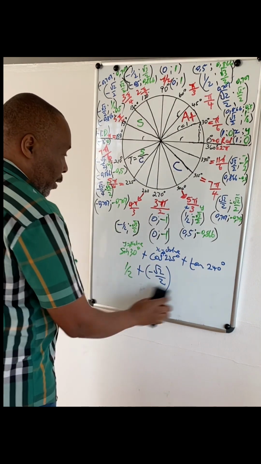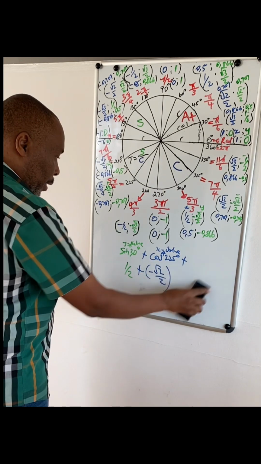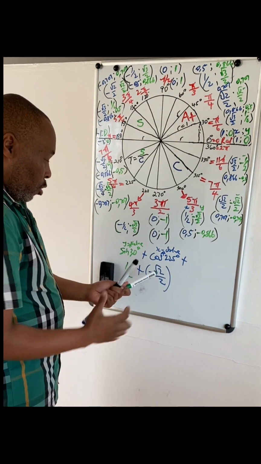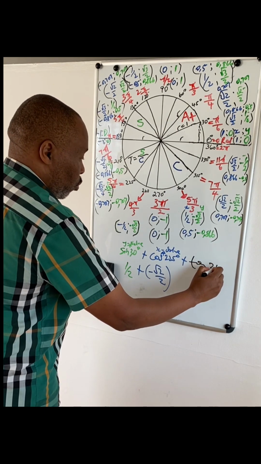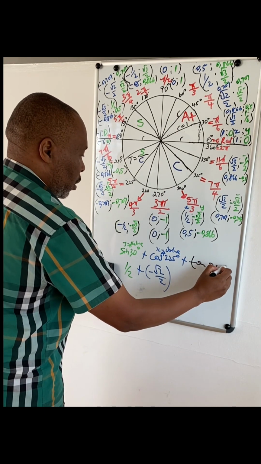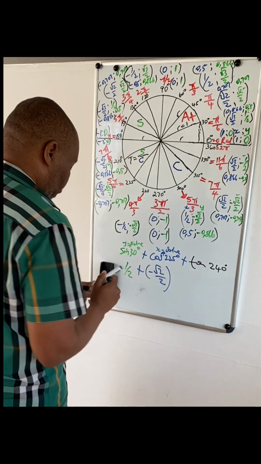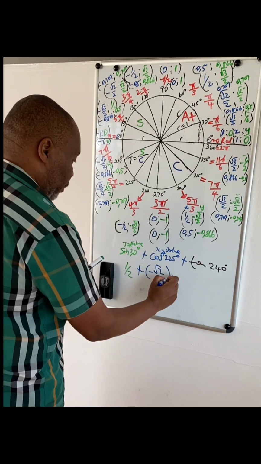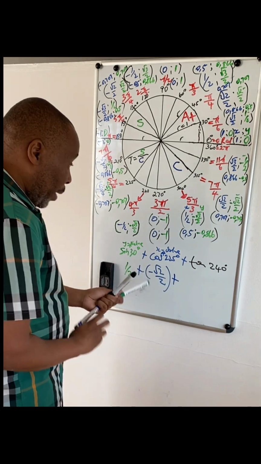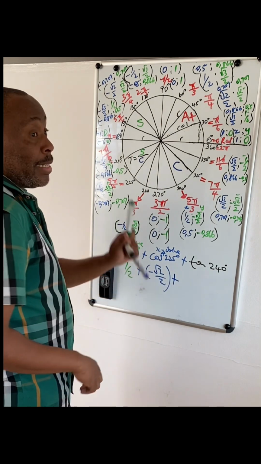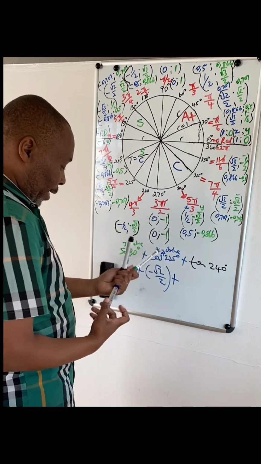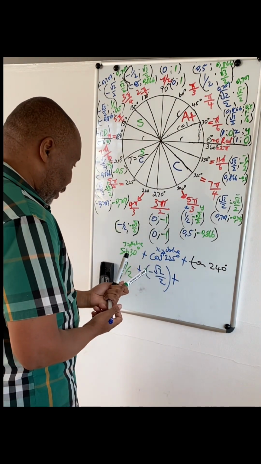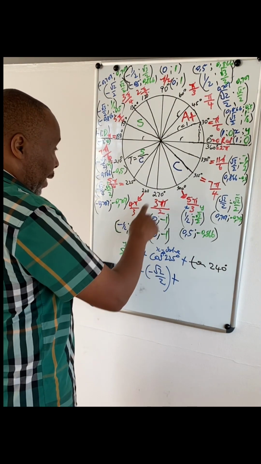On tangent, let me say, just to give it, tan 240 degrees. Tan is opposite over the adjacent, O over A, and our opposite is y.